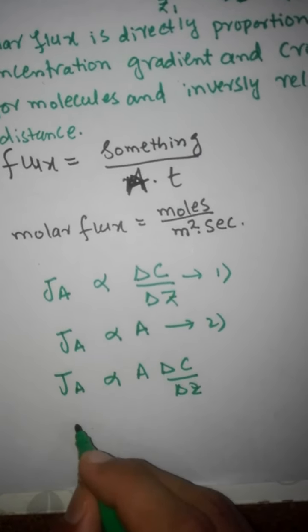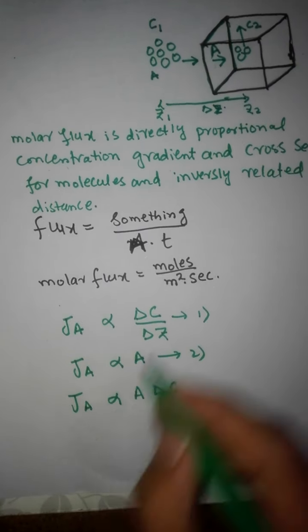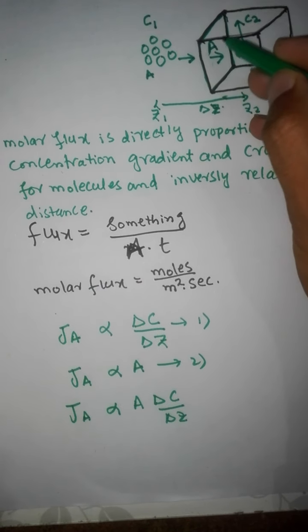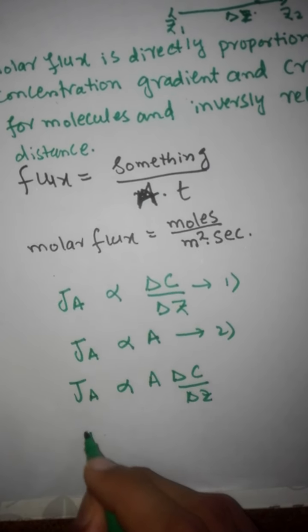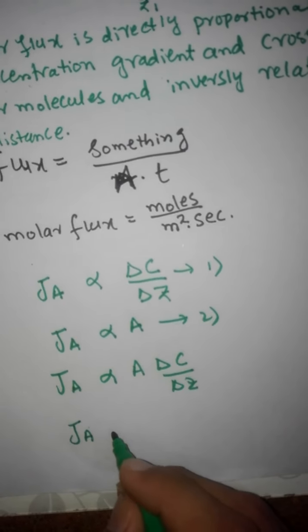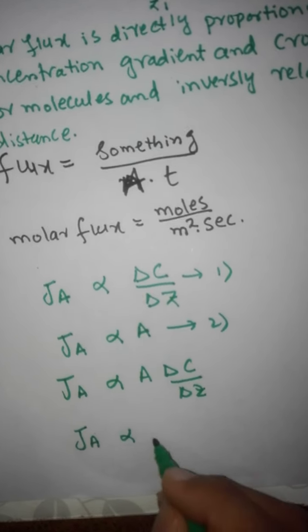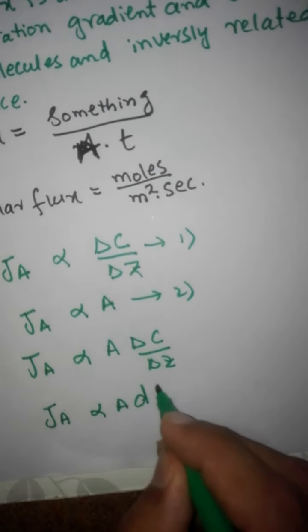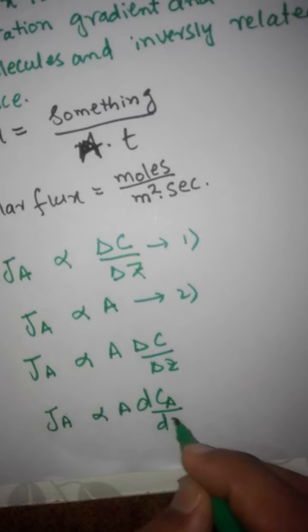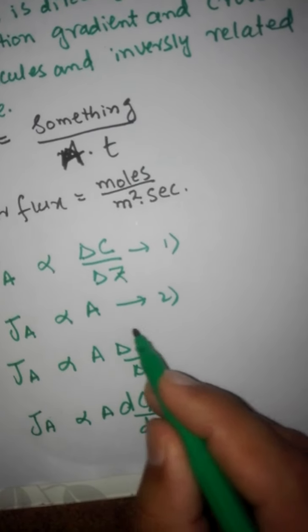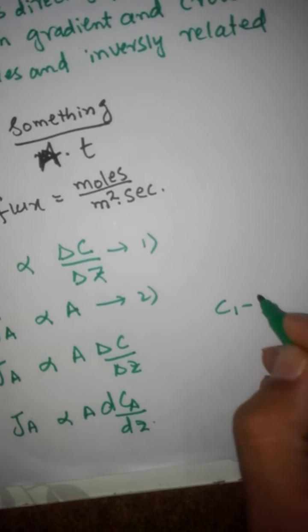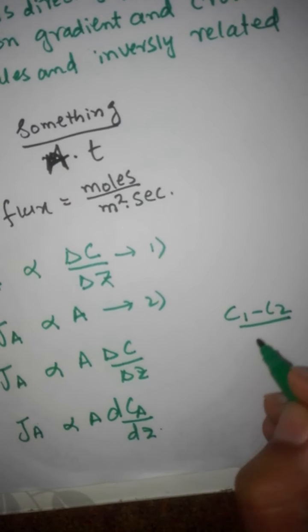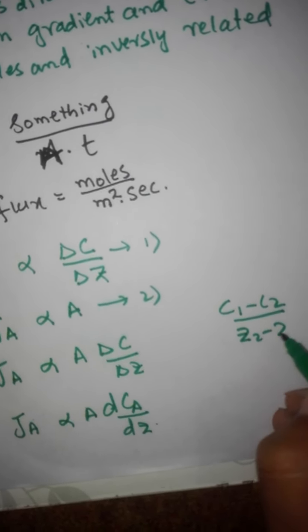For a very small area, this flux can be written as directly proportional to area into dCA by dZ. Delta C is C1 minus C2, and delta Z is Z2 minus Z1.